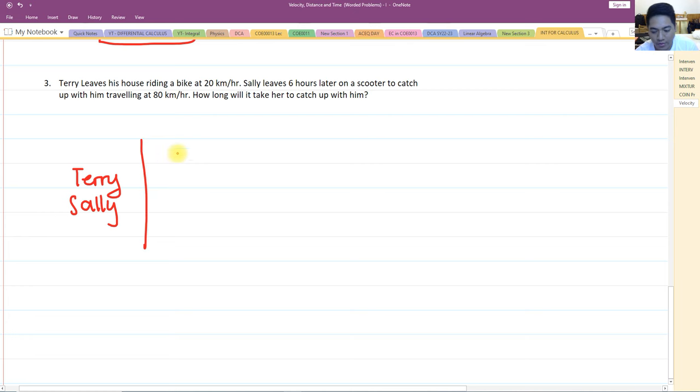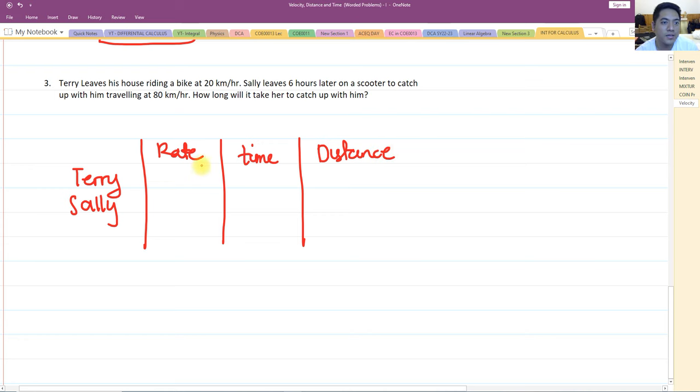Again, we have the rate, the time, and the distance. It says Terry leaves his house riding a bike at 20 kilometers per hour. That's his rate. Sally leaves 6 hours later on a scooter to catch him, traveling at 80 kilometers per hour. So Sally wants to catch up with Terry, but Sally leaves 6 hours later.